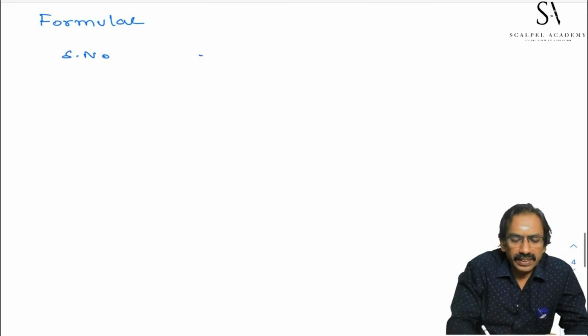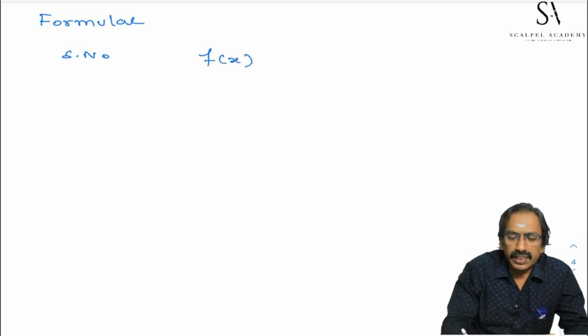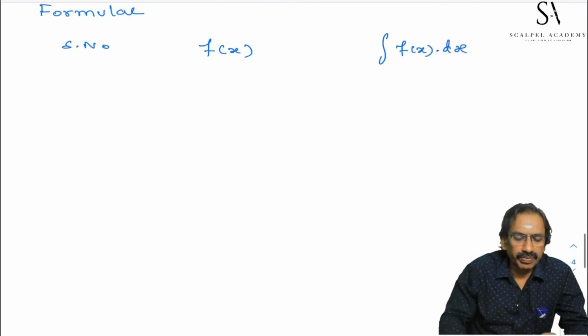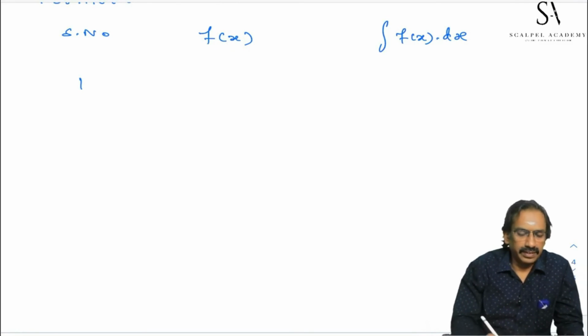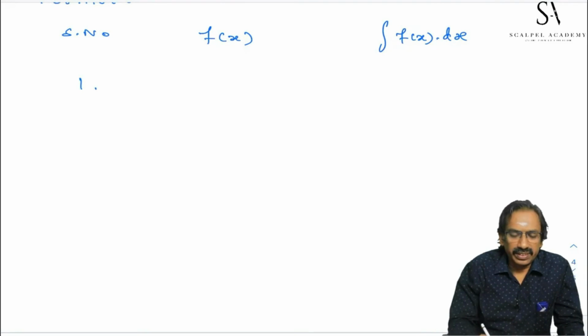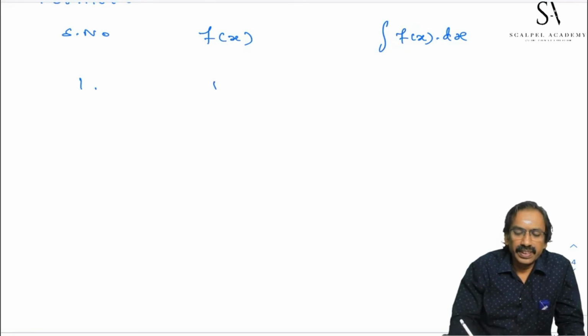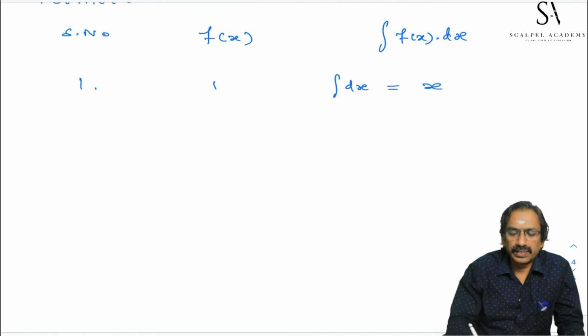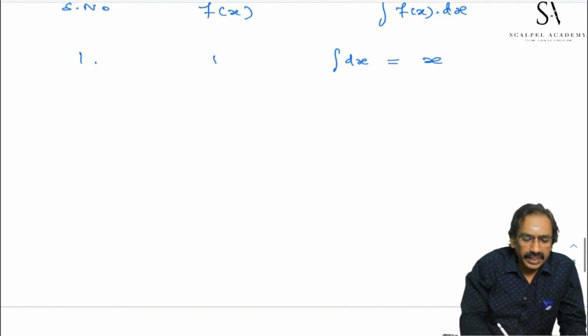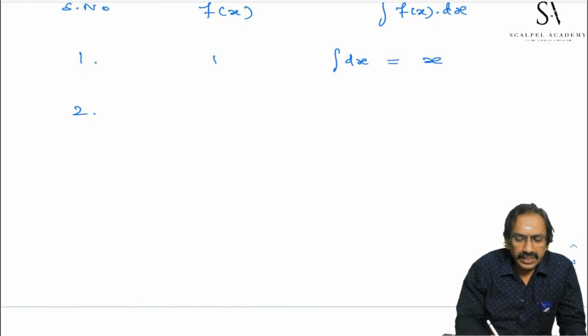Here f of x is given. Then what is integral f of x dot dx? I am going to give it. First one, f of x is equal to 1, a constant. Then integral f of x dot dx, how can you write? Integral 1 into dx is equal to x. Second one, f of x is x to the power of n.